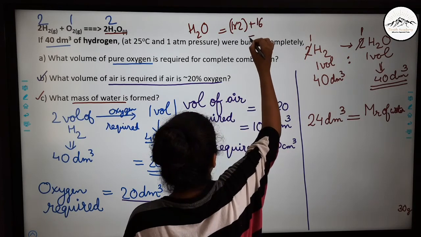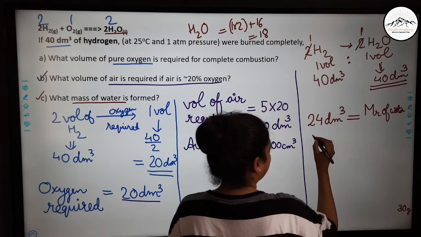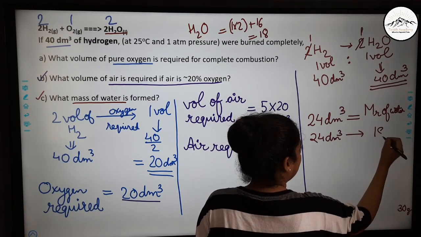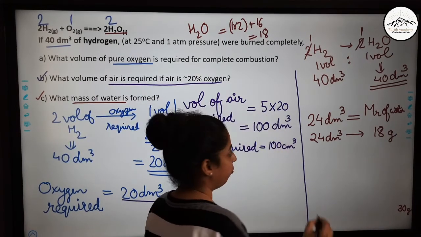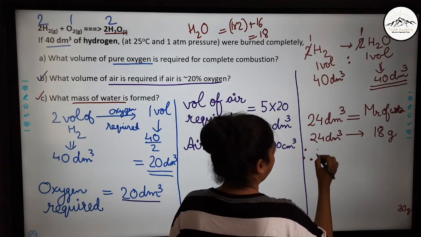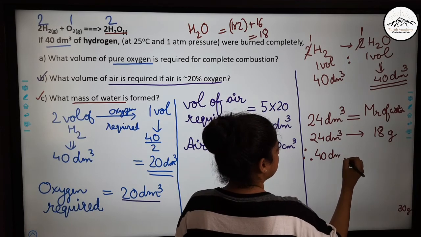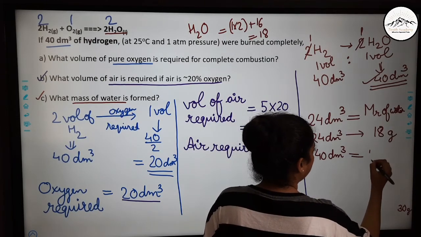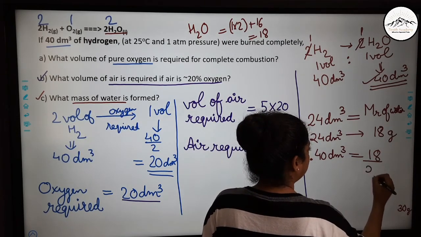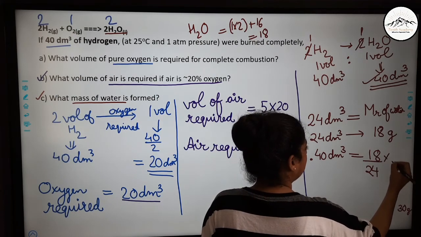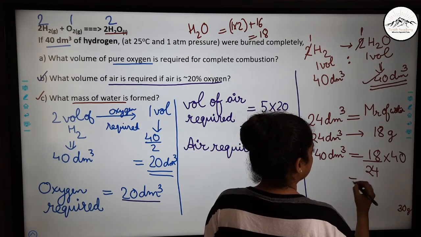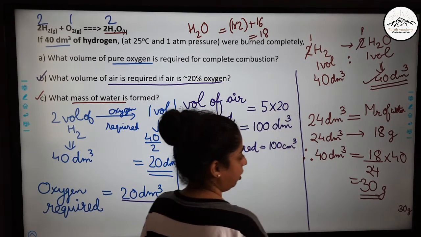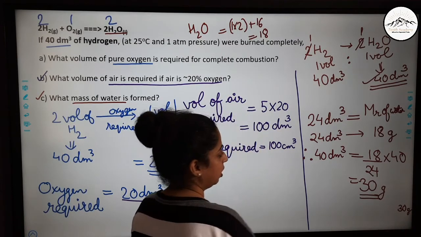So this is 16 plus 2, which is 18. So we can say that 24 decimeter cube corresponds to 18 gram. Therefore your 40 decimeter cube, which is the volume that you have found, will correspond to 18 divided by 24 into 40, which gives 30 grams. Right, you cancel it with 2, it gives answer as 30 grams.